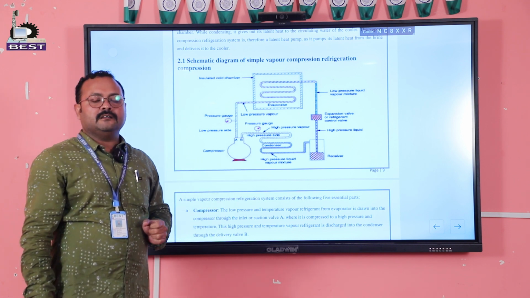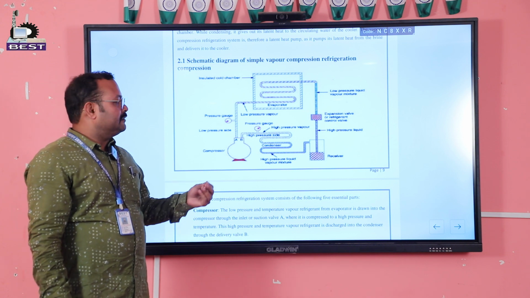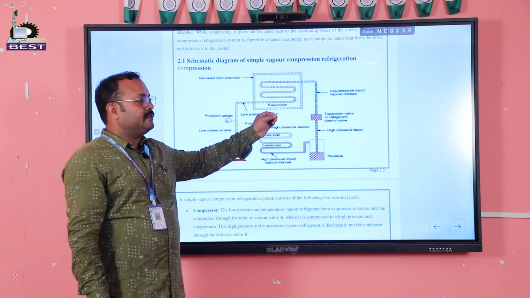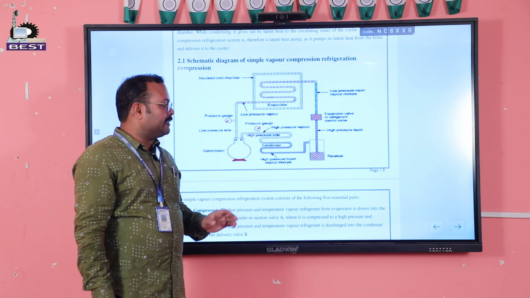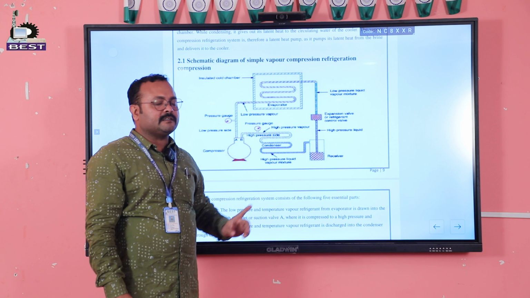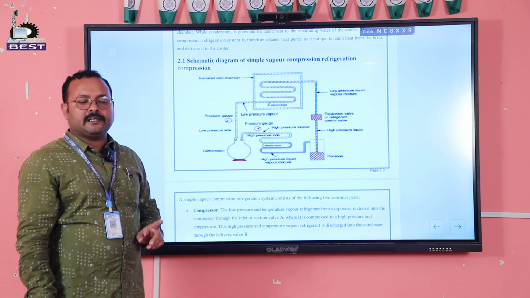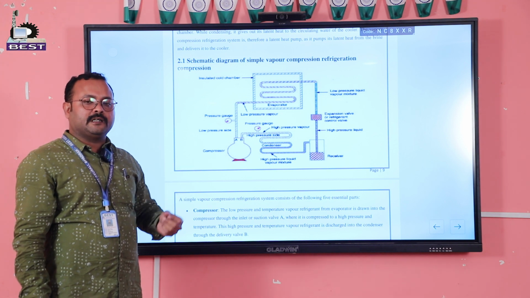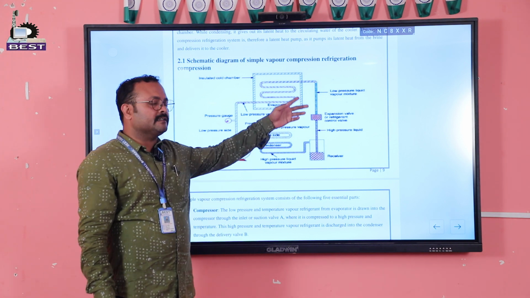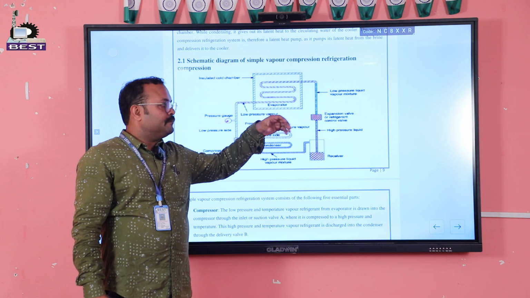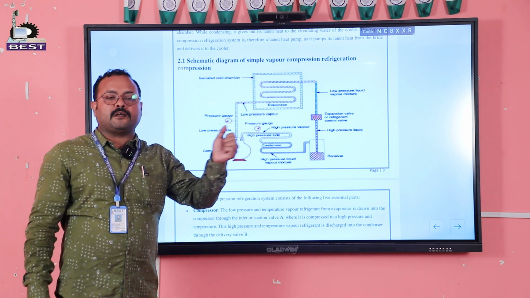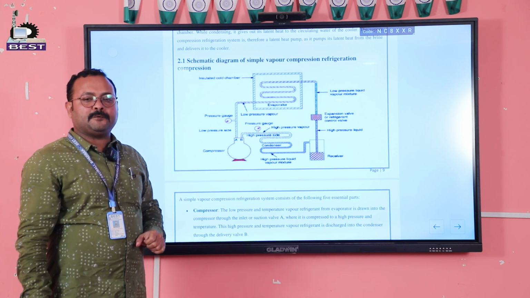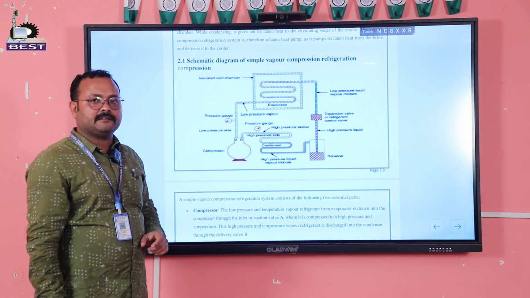In condenser, the refrigerant rejects the heat which was absorbed in the evaporator, and then it enters into the expansion valve. In expansion valve, the pressure reduces, temperature also reduces, then it enters into the evaporator to absorb heat again. This is the basic principle of a vapor compression refrigeration cycle.